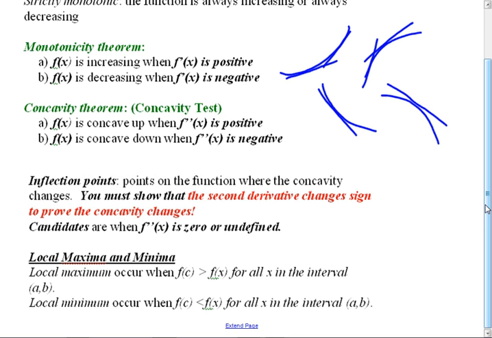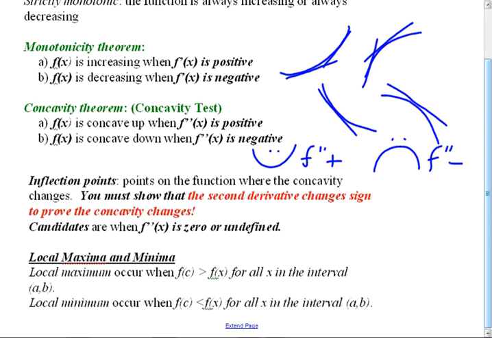Now, do you remember concavity here? How do you know? Concave up, like you're smiling, f double prime is positive. If you're concave down, like a frown, f double prime is negative.